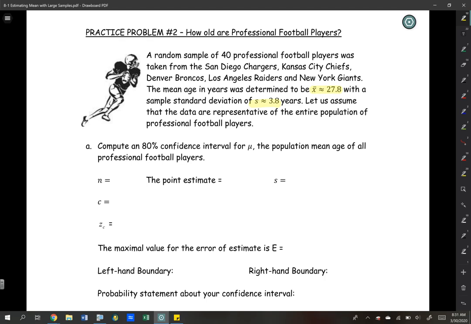We're going to compute an 80% confidence interval for mu, the population mean age of all professional football players. So n is 40. The number in the sample was 40. The point estimate, which is x bar, is equal to 27.8, and the standard deviation is 3.8.